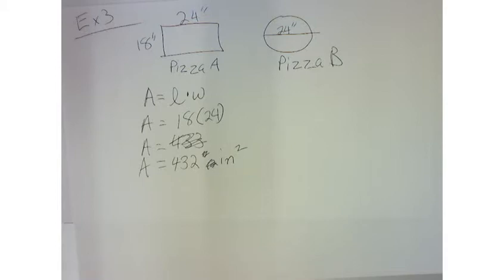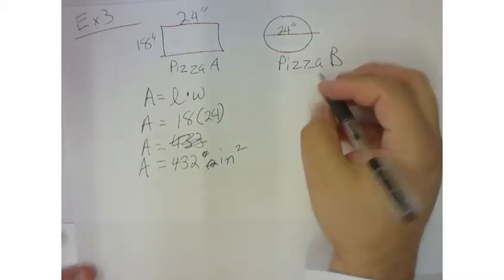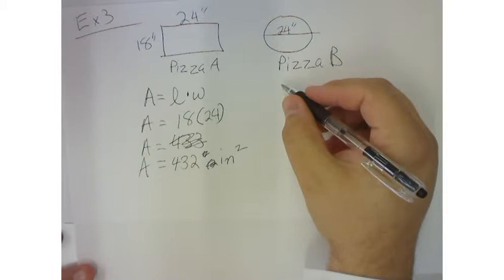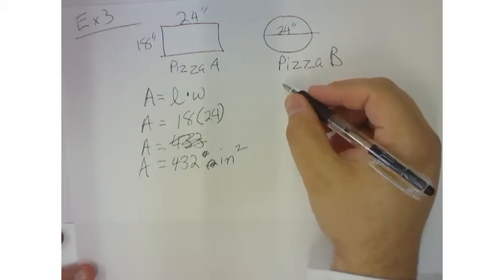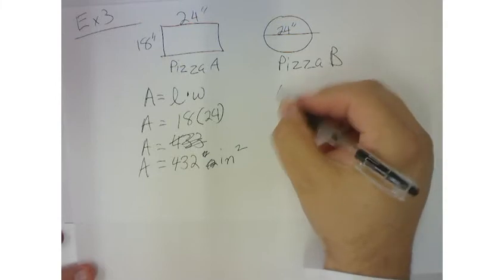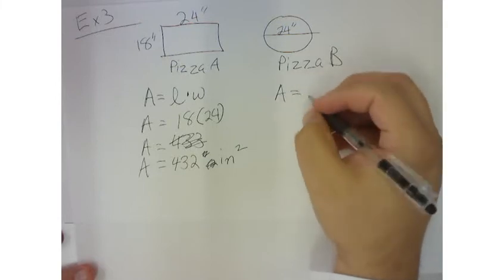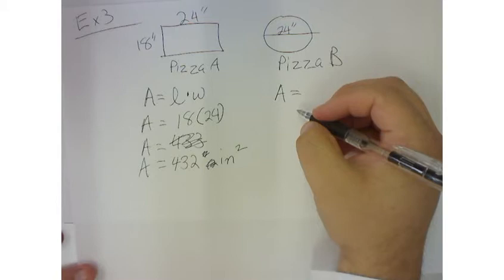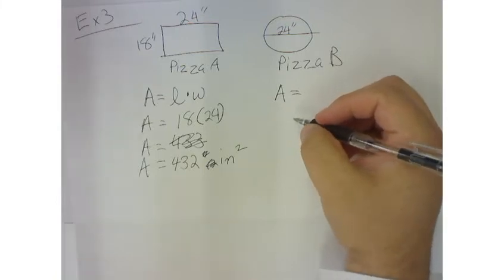So for pizza B, it's a circle. What's the formula for the area of a circle? What is it? Oh, you want to share? What's the area of a circle?